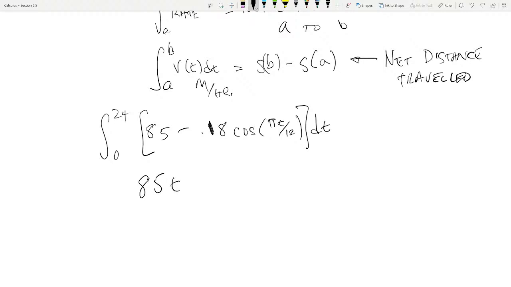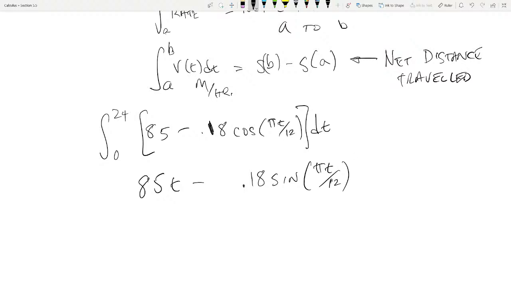Integrate that, you get 85t. Now the antiderivative of cosine is sine, but you're going to have this pi t over 12. So let's see if you follow this. I'll have minus the 0.18, but I'll have a sine of pi t over 12.